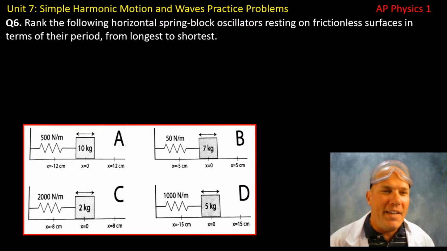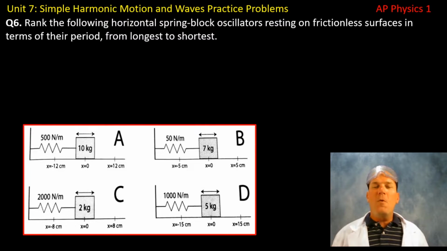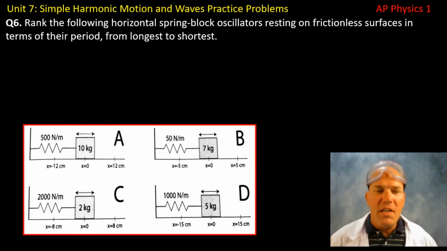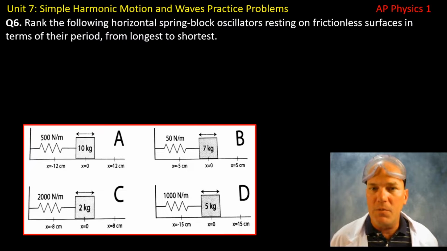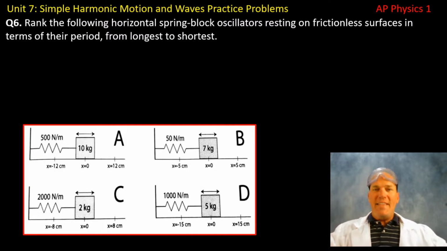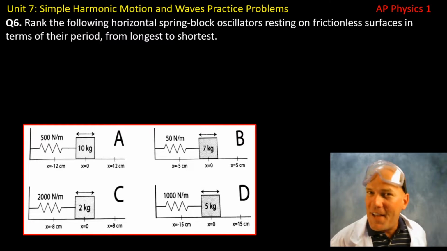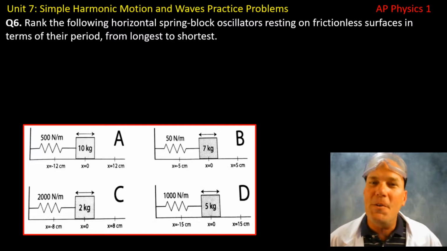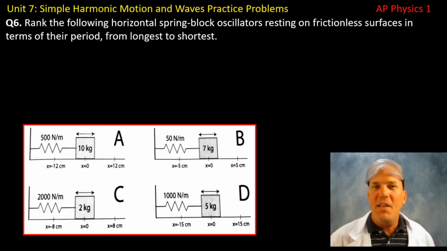Question 6 is a ranking task. We have 4 different spring block oscillators with different amplitudes, and we just went through a lengthy intuition in question 5 over how amplitude is independent of frequency and period. It's not going to affect those.